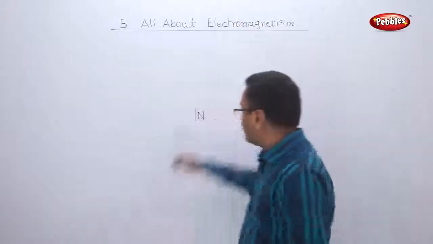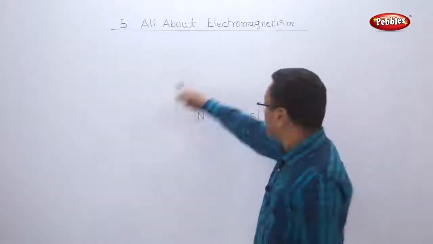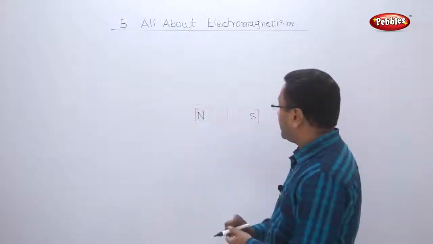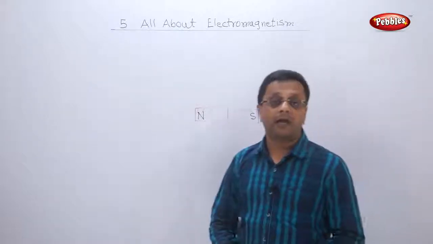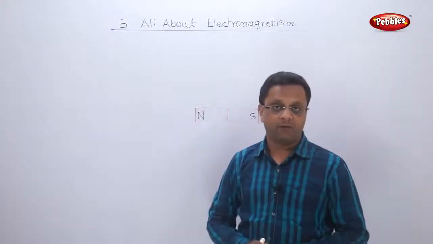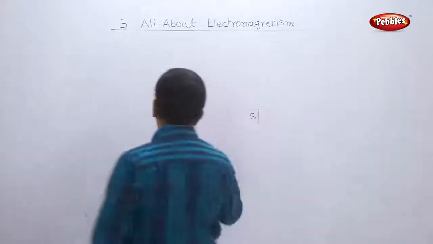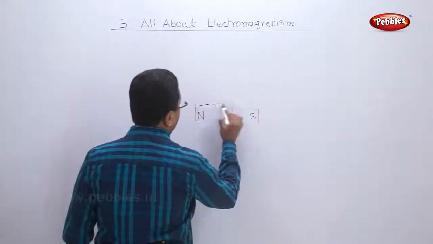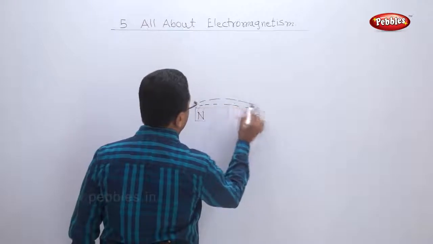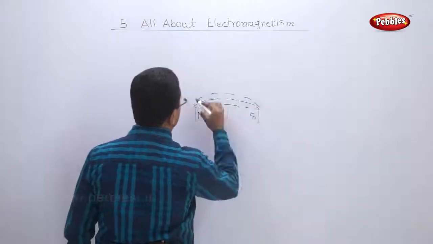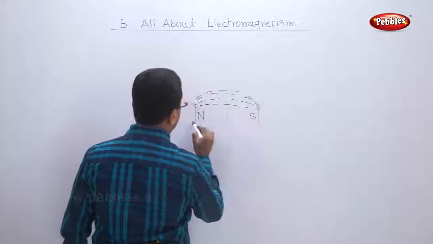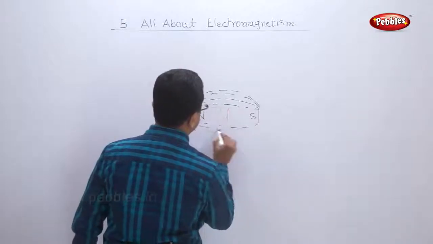Now when I put the iron filings over or around this on the paper, and when I tap the paper and allow the iron filings to rearrange themselves, what will happen? The iron filings will have a permanent shape. It will have some shapes like this.